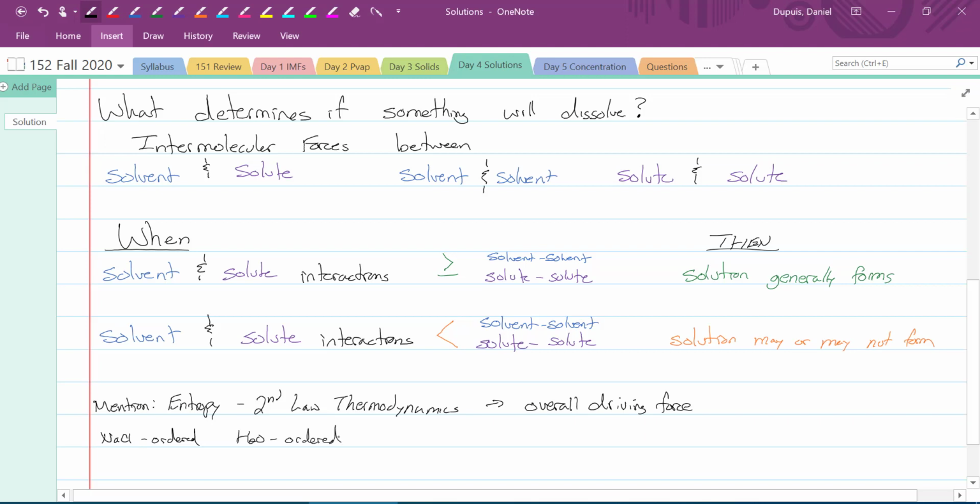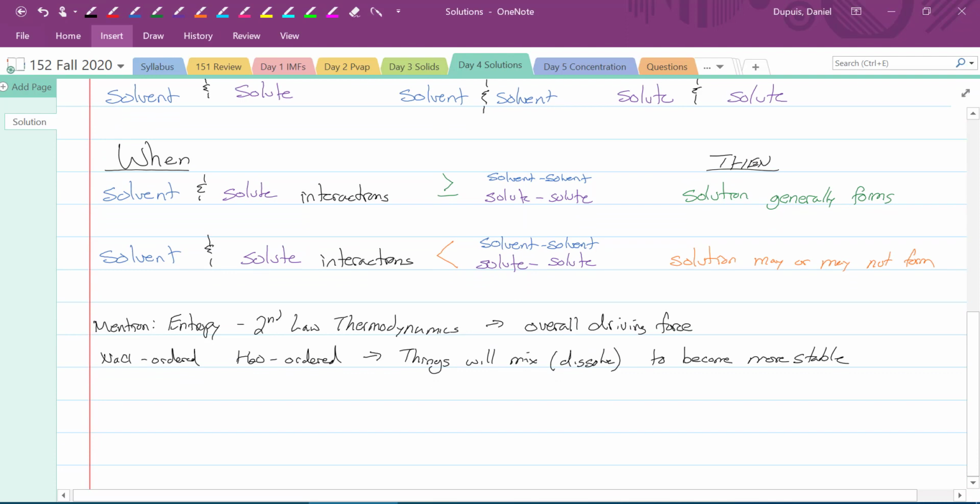Basically these two things will mix, or in this case, dissolve, to become more stable. Things are going to mix to become more stable. It's actually a thermodynamic function that we'll examine later on.